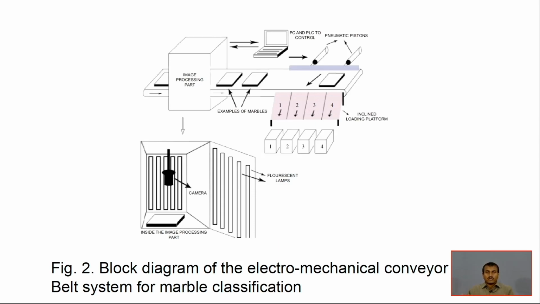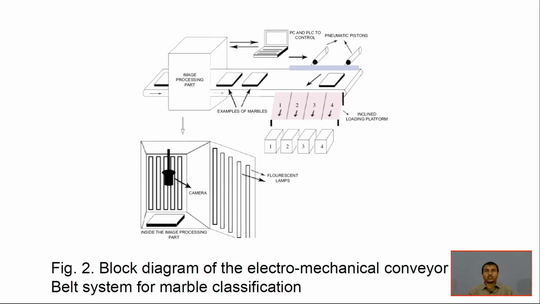There is a conveyor system, and the conveyor system is fitted with a pneumatic piston. The pneumatic piston is connected with the PC, and the PC is also connected with the controller, and this image acquisition system is also connected with the PC. So it is a closed loop system.